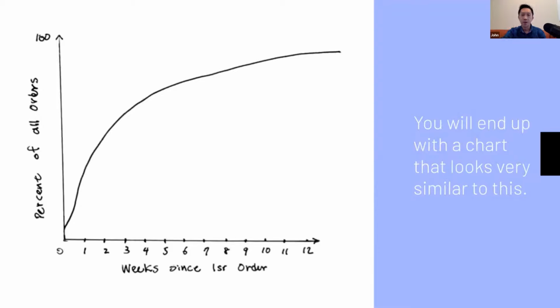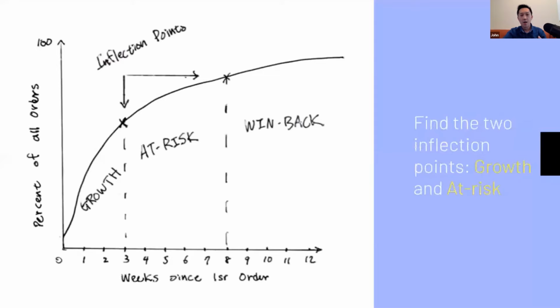And so then the goal becomes very simple at this point, which is, let's figure out the inflection points where the growth happens and then where there's no more growth, right? Those are the 2 inflection points in this curve. The first period, we're going to call the growth period, where most of the growth happens. And then you have this sort of belly in the middle that we're calling the at-risk period, where there's still some growth happening, but it's less likely to get just organic growth.